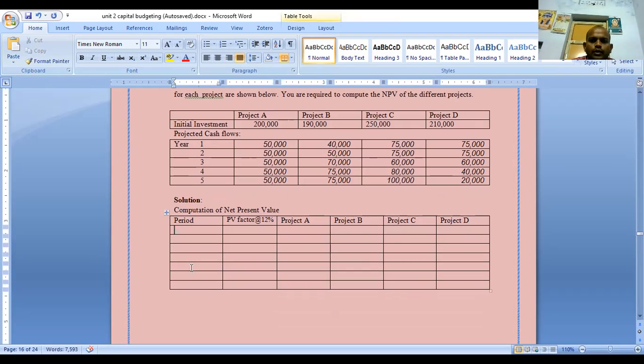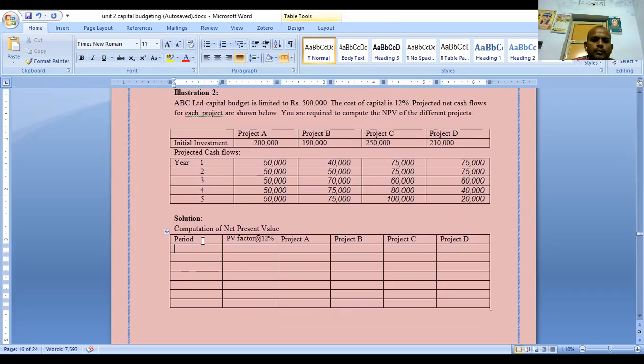So we have to prepare a table: period, present value factor, project A, project B, C and D. For the period, the initial investment year 0, and the remaining years 1 to 5.